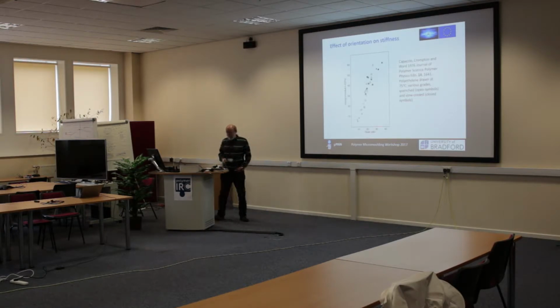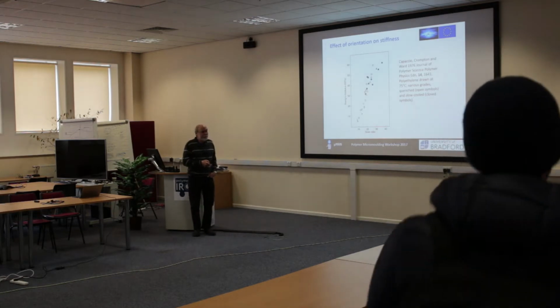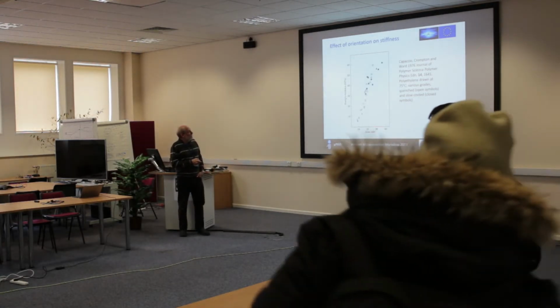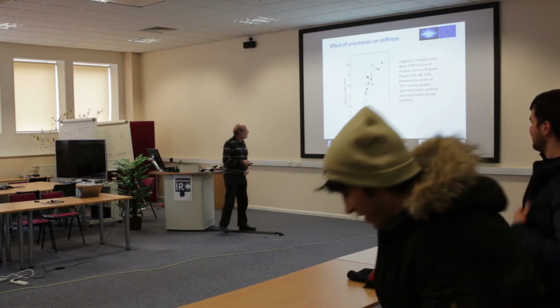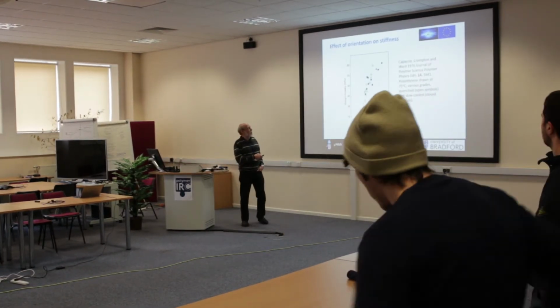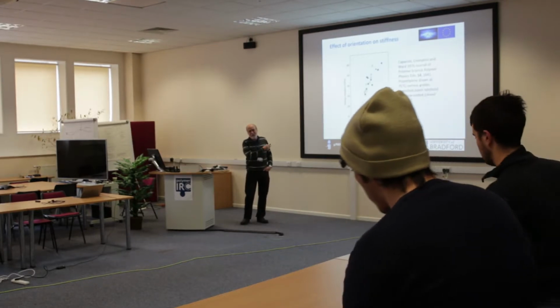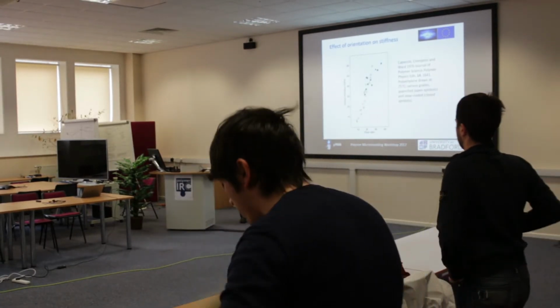So just to show you how this can work, this kind of process has been going on for a long time. So, an early example from 1976. And the thing we're plotting here is Young's modulus, the stiffness of the material. This is for fibers.